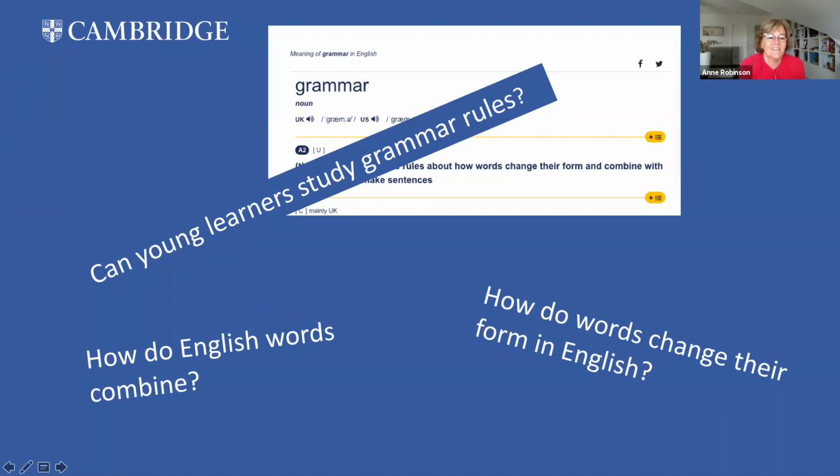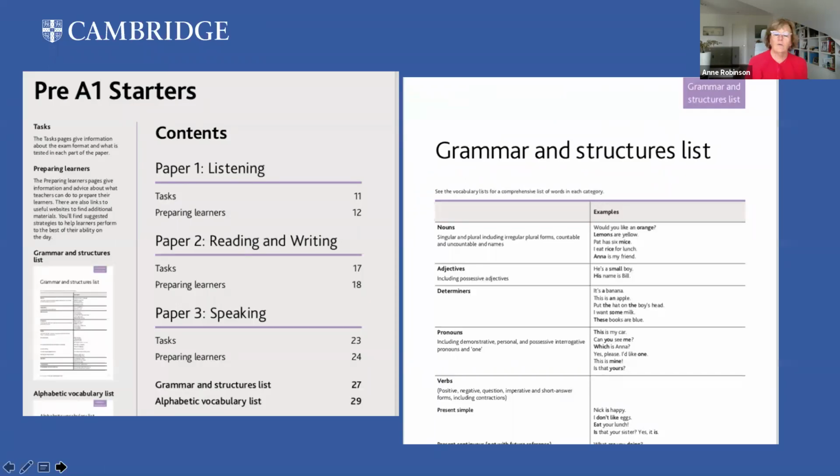Okay, yeah, great. So let's think about then, how do English words combine and how they change their forms? We're going to start off by thinking about some words that can combine. Oh no, before I show you, I would like to mention I'm very involved in the Cambridge Young Learners exams.